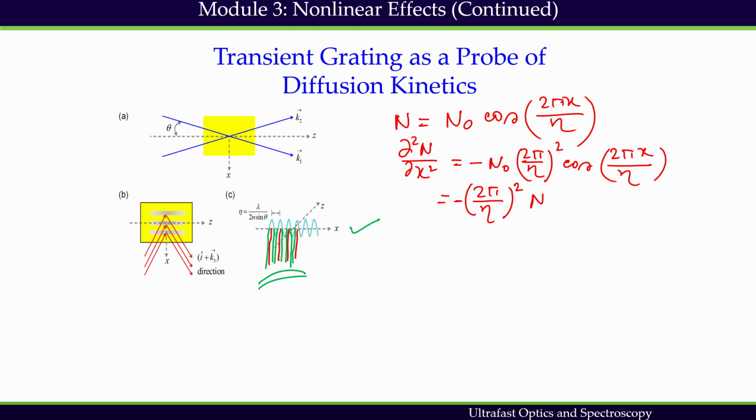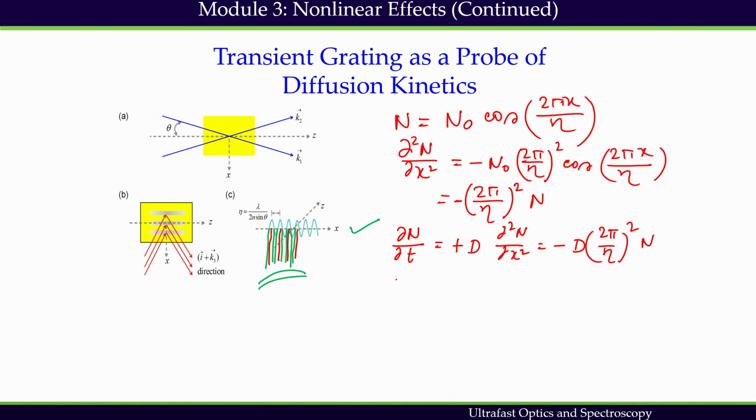Now, we know the Einstein diffusion equation, that is going to be dn dt equals the diffusion constant D times the partial derivative d2n dx2, which we can write as minus D (2 pi by eta) whole square n.